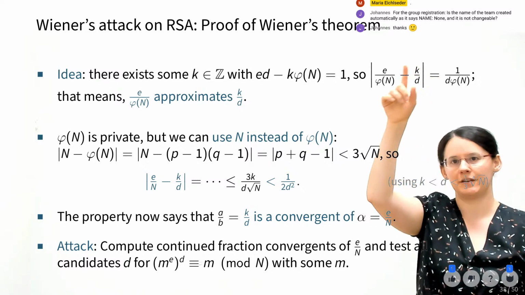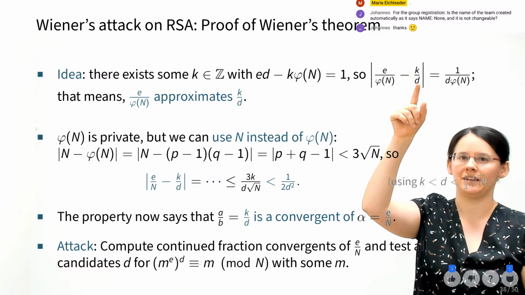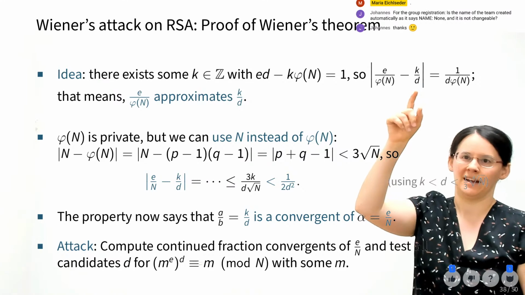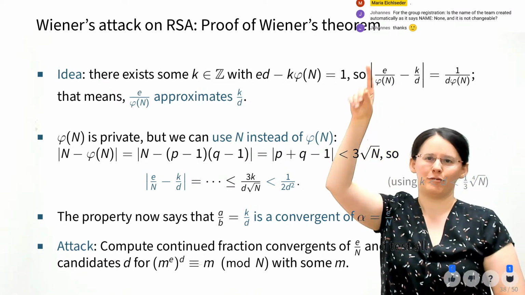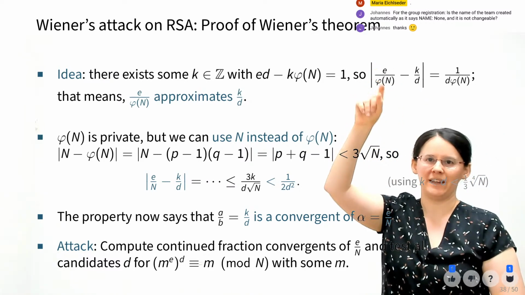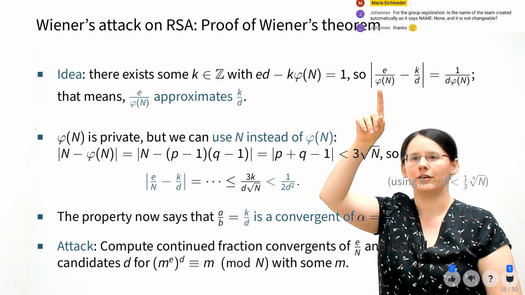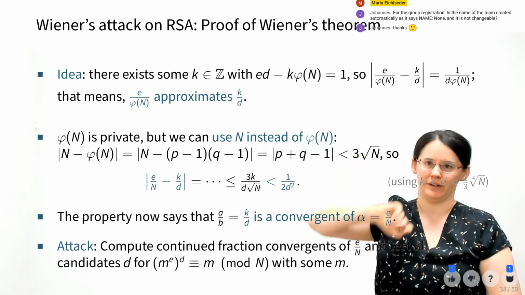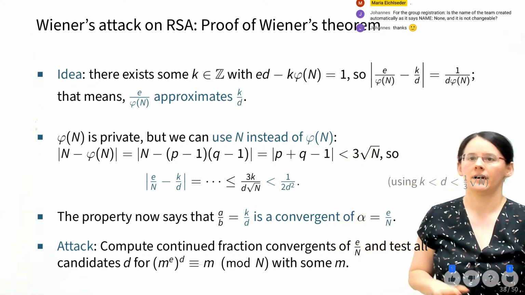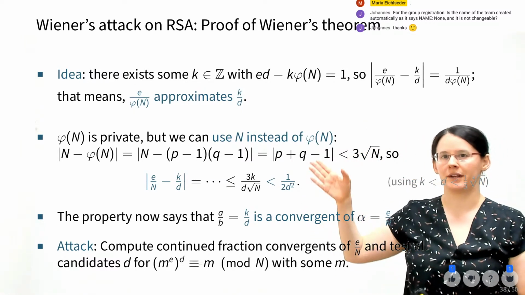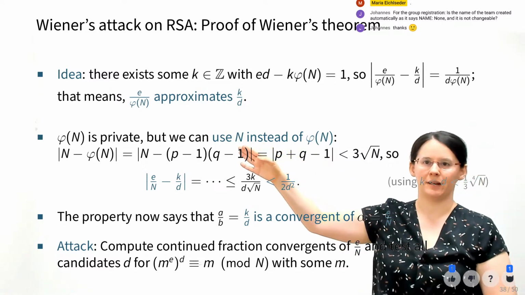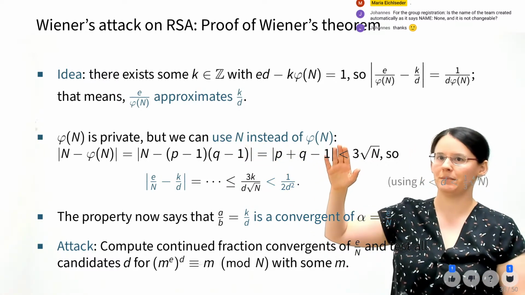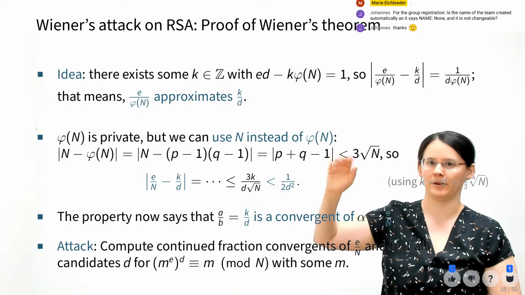Now this value here is definitely very secret because d is the secret exponent. The thing is, this is half private, half secret. So we do know e, we do not know phi of n. But what we can do is approximate phi of n. We know if n is p times q, then phi of n is p minus 1 times q minus 1.